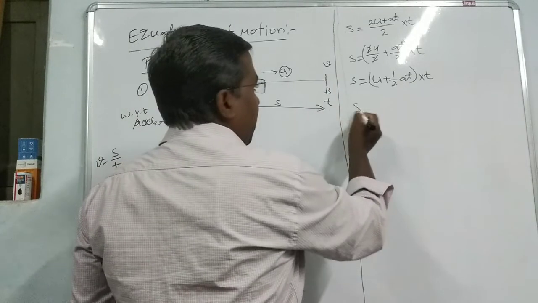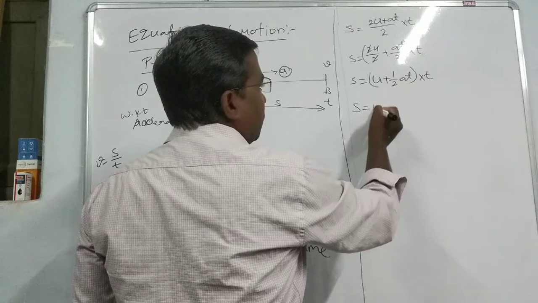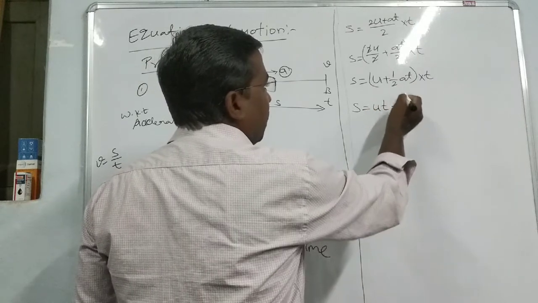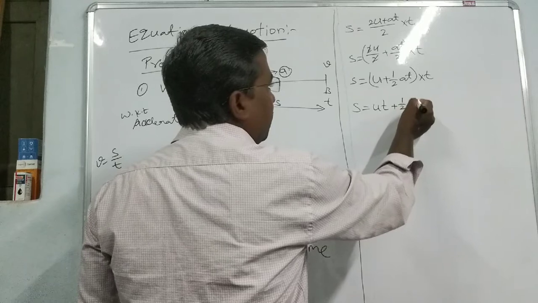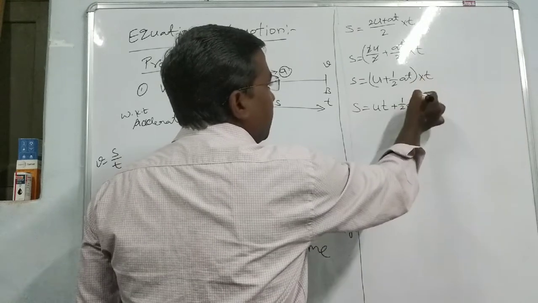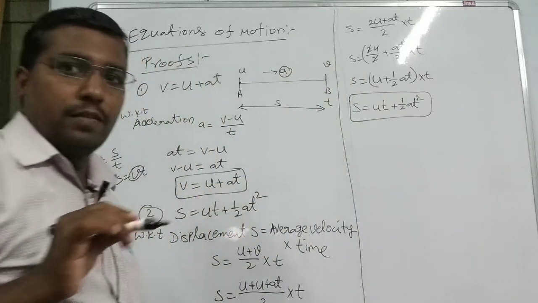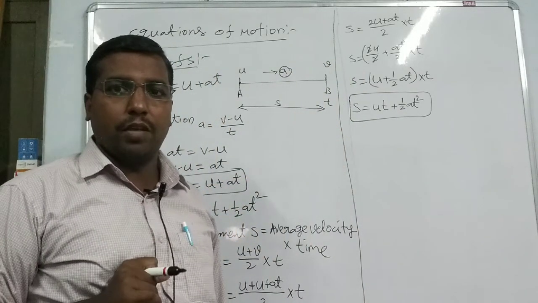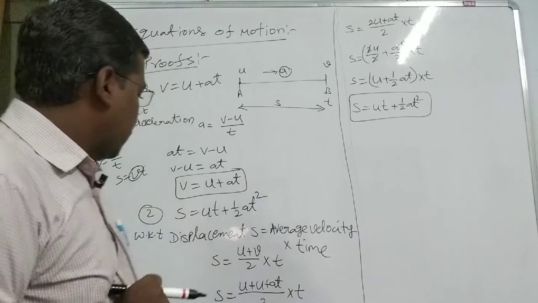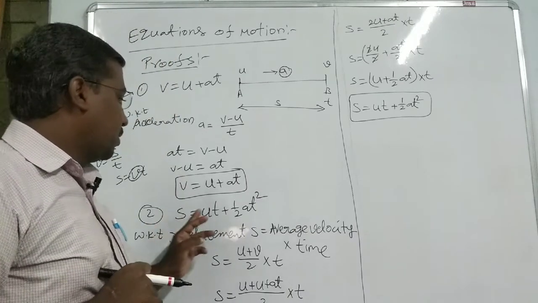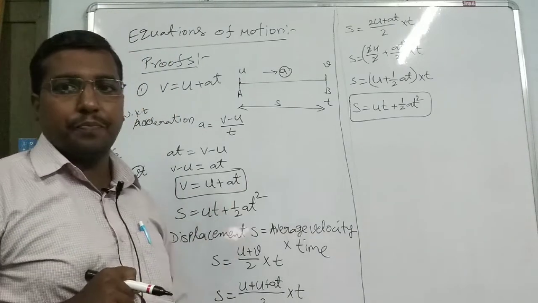Multiplying with t, we get ut plus half a into t square. We get the second proof: s equal to ut plus half at square.